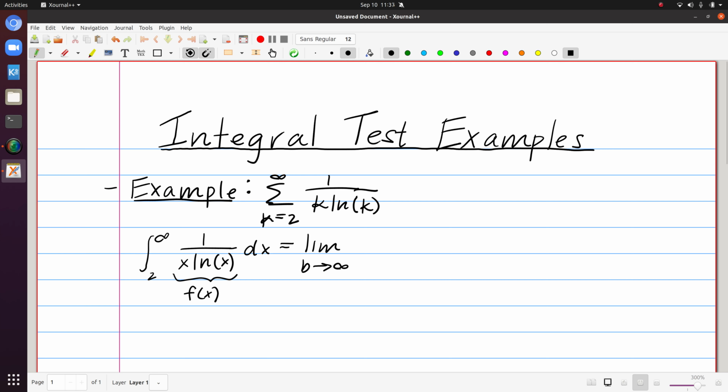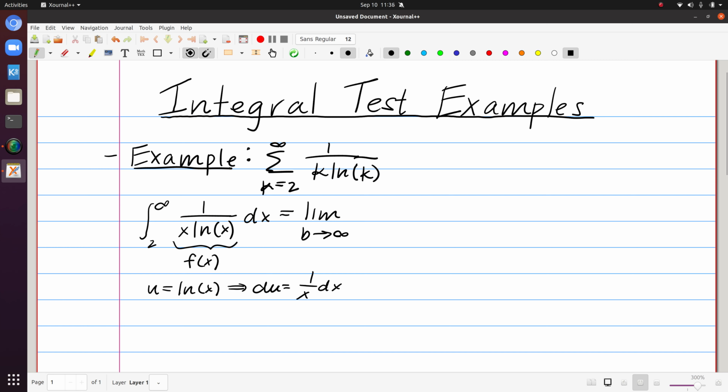Notice that I can use a u substitution here. If I were to let u equal the natural log of x, then du would equal 1 over x dx. Also, if x is 2, then u would be the natural log of 2.